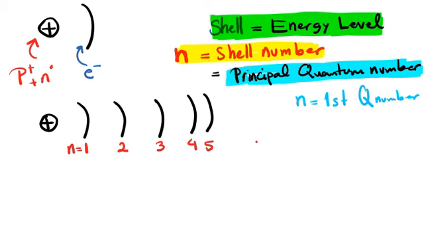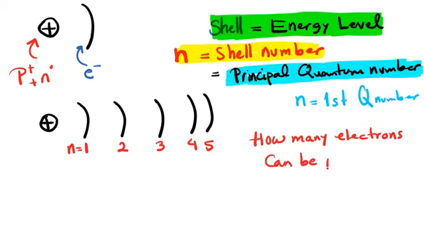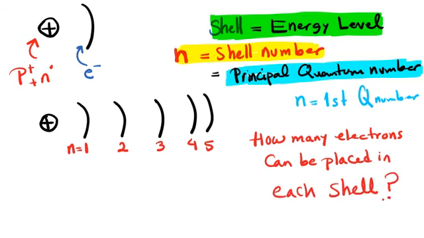So we are going to know how many electrons can be placed in each shell. How many electrons can be placed in each shell? If we have shell number 1, how many electrons can we put in shell number 1?